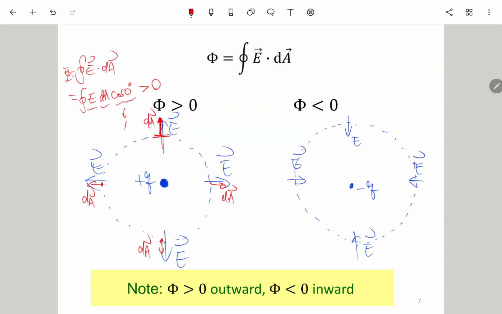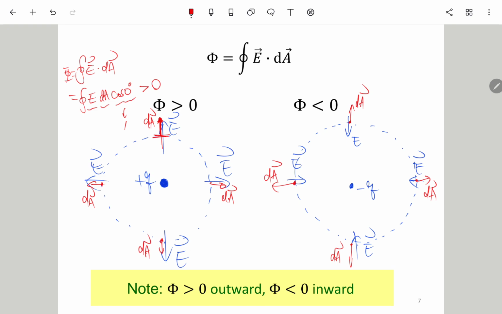So here when we try to determine the dA, actually it will be the same as the left hand side dA. The direction of dA doesn't relate to the charge or the E field, it only relates to the Gaussian surface itself. Okay, something like this.